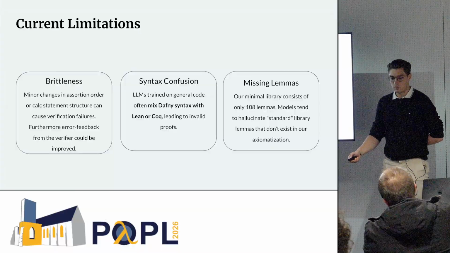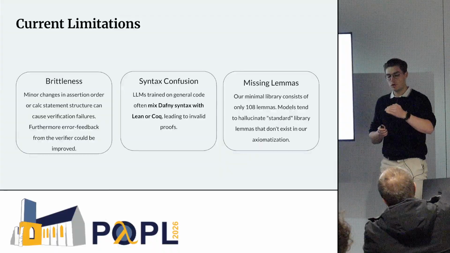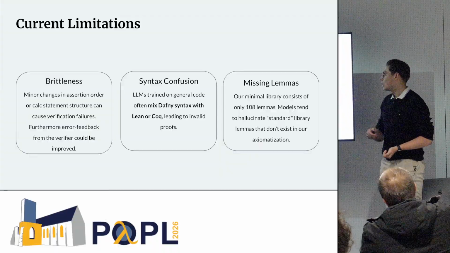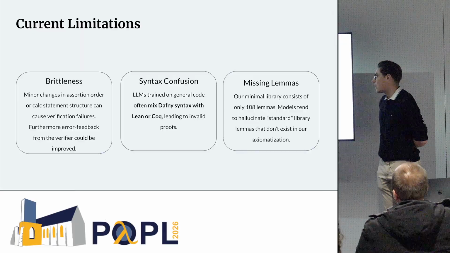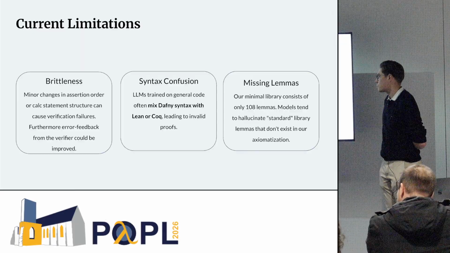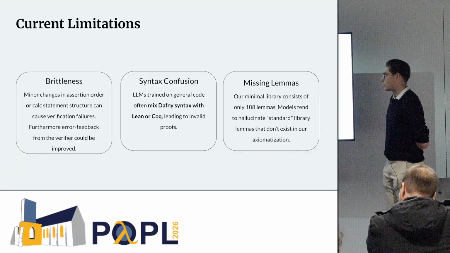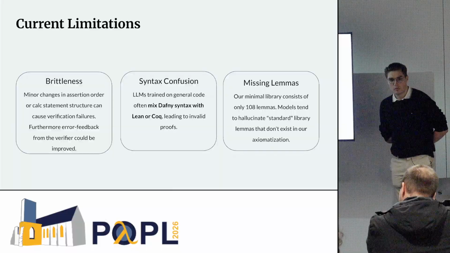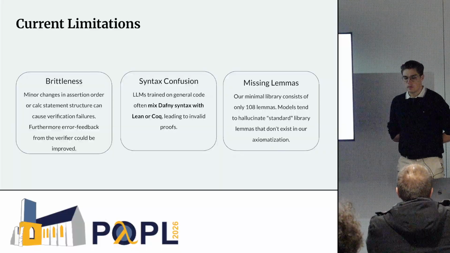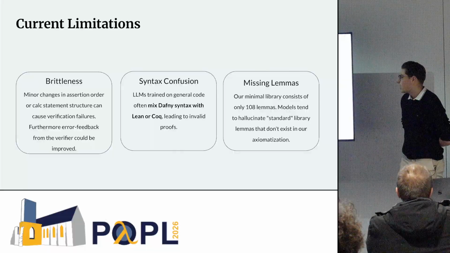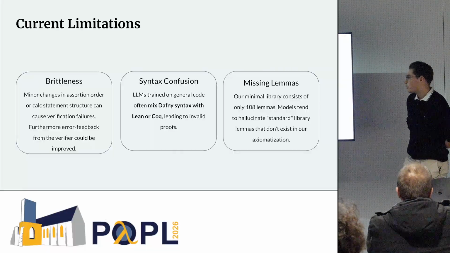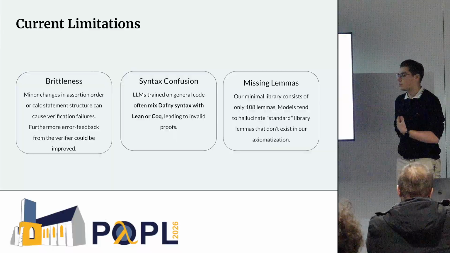And then even though the rest of the proof body doesn't change, another brittle error comes up afterwards due to the changes in the assertion order introduced in that way. So better error feedback and what we heard about a more stateful Dafny would definitely help here for the models to get better feedback from the system.